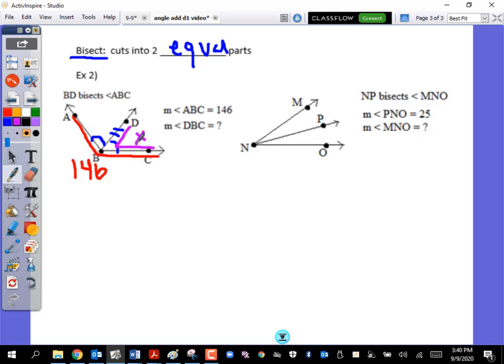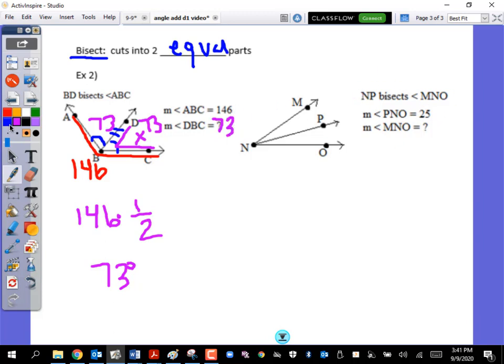That's X. Since it's bisecting, I can just do 146 times a half, which is 73. I'm doing it in my head. 73, that's what we're going with. So this side is 73, and the other side is 73. So 73 is the answer for that one.